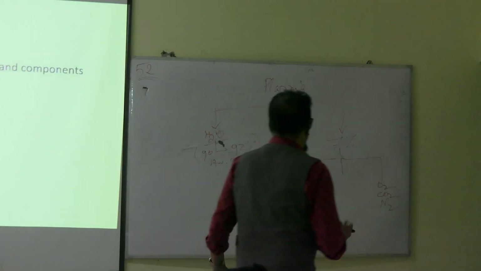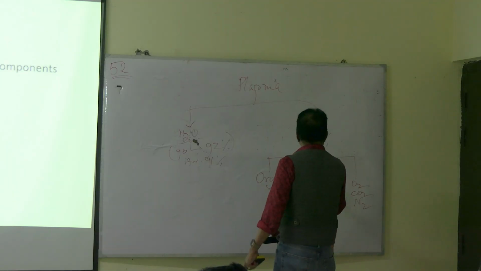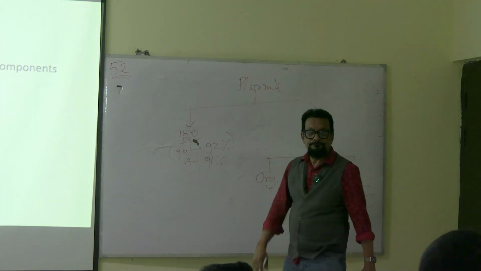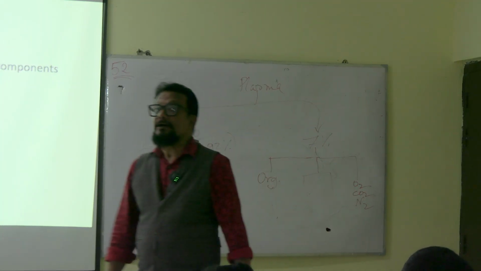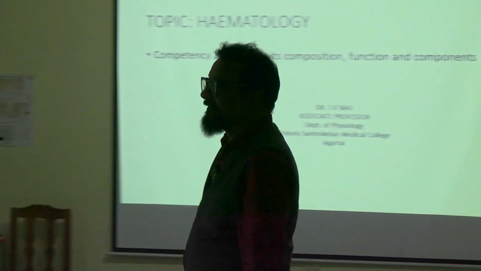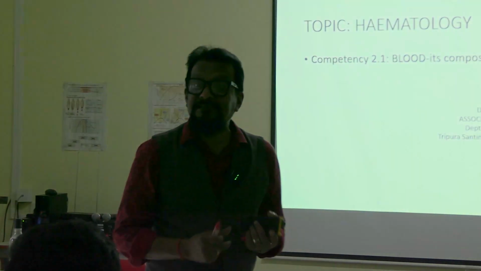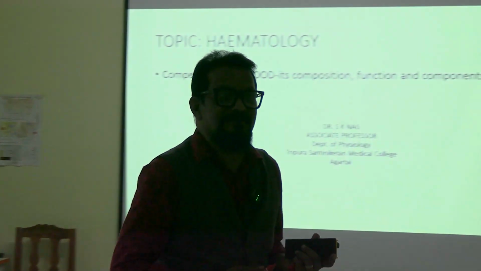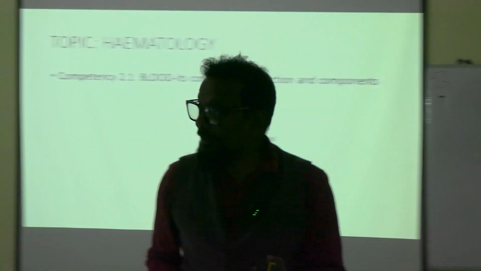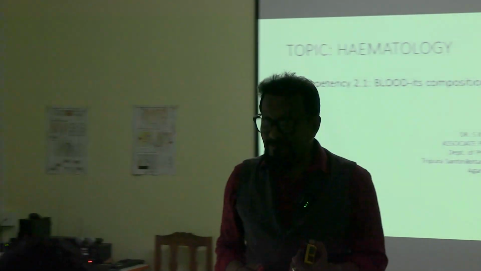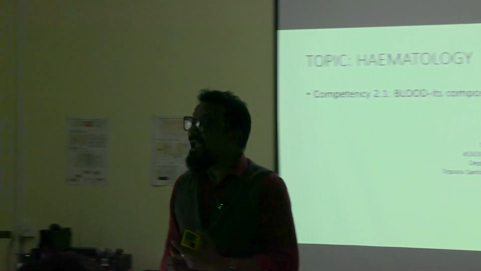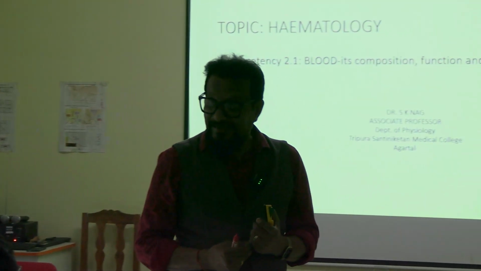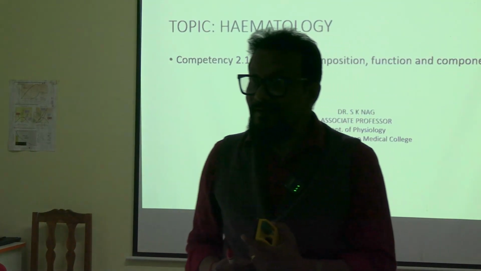And here the electrolytes. Two types of electrolytes you will get: cations and anions. What are the cations? Positively charged ions. For example, sodium, potassium, calcium, zinc, copper.